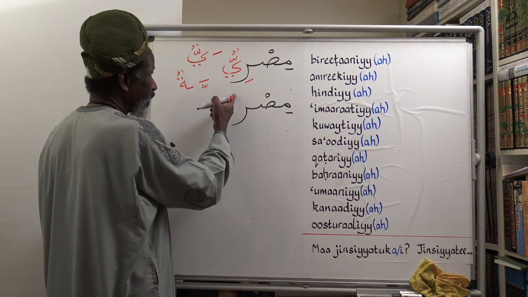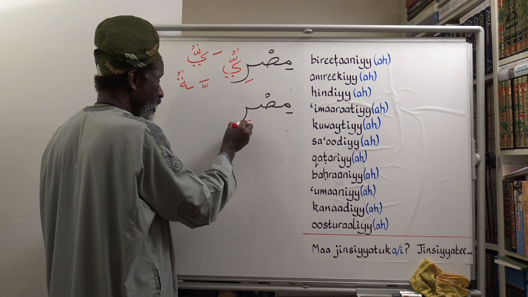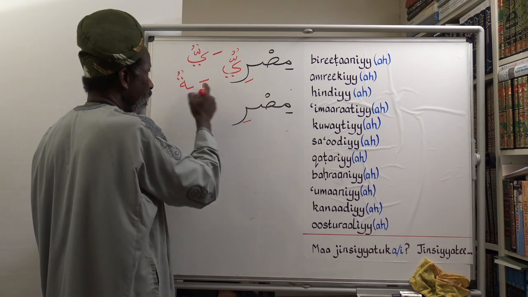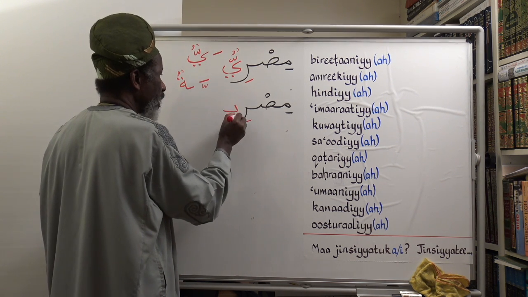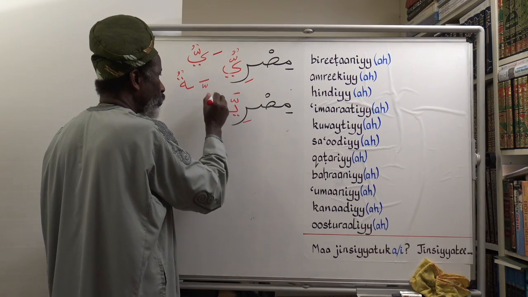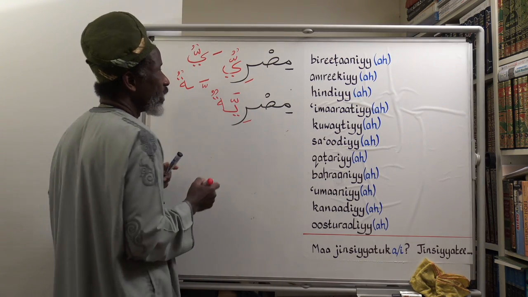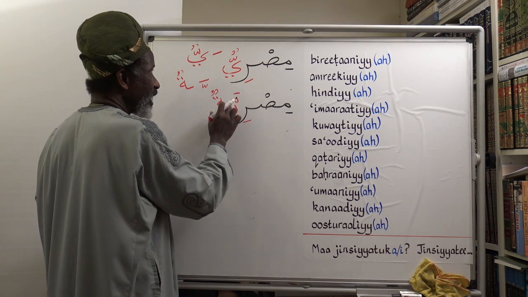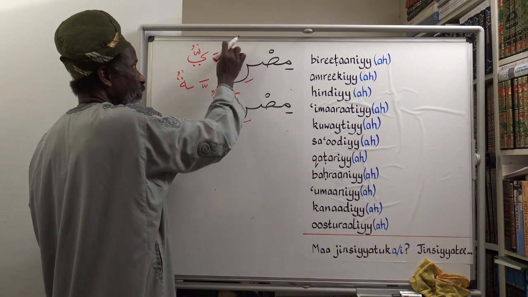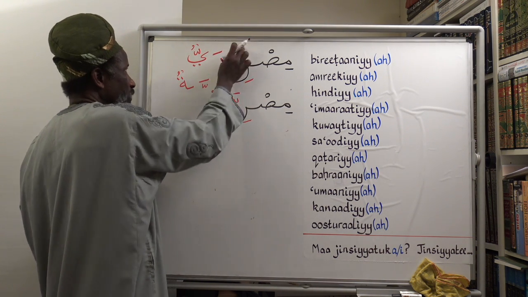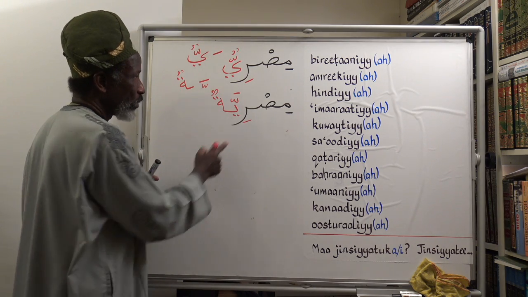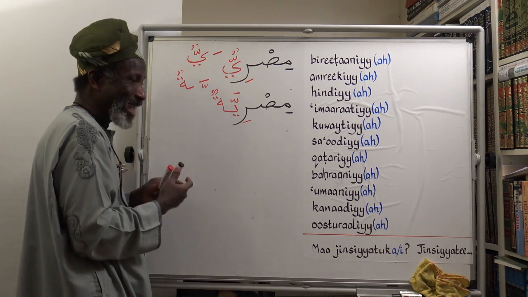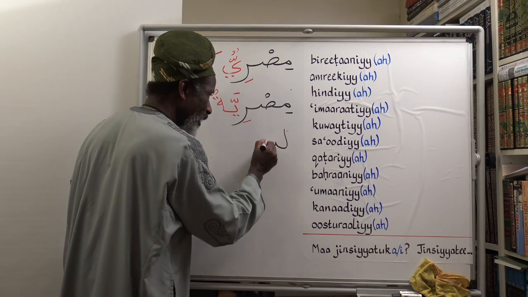You still have your kasra, Misri, and then yatun. So three things are happening there. You do the kasra, and then this ya will become fatha instead of un. You transform that into ta marbuta. Misriyatun.